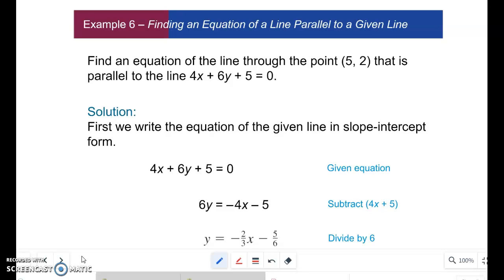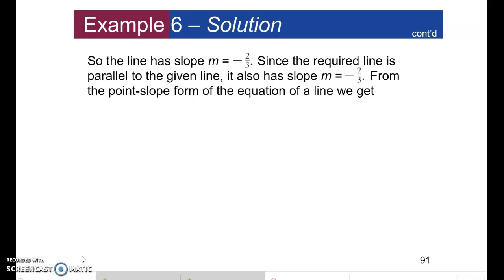We can see now that it's in slope-intercept form, y = mx + b. m is negative 2/3. So our line, whose equation we're going to find, must also have a slope of negative 2/3. So we can use that slope and that point (5, 2) that goes through this line to determine its equation.